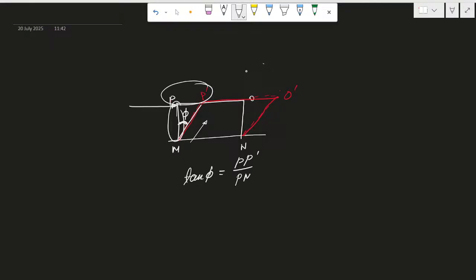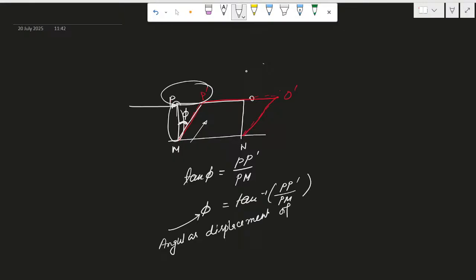That is tan phi. So phi is equal to tan inverse of P dash by PM. This phi is nothing but the angular displacement of the plane.